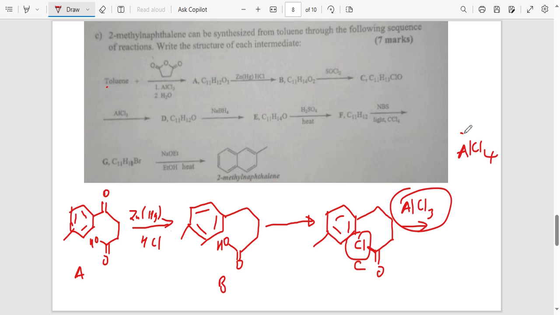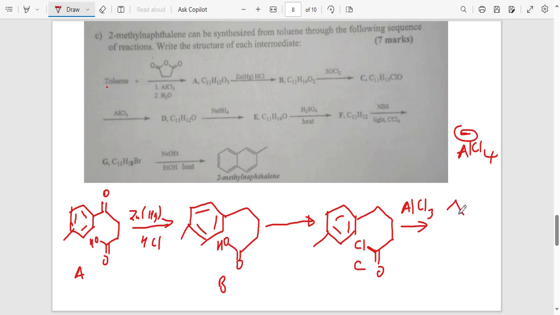AlCl4 minus. So the end that we remain with is negatively charged, and with that negative charge, it is not stable. So that end which remains negatively charged will act as a nucleophile attacking the other end of this compound, and that will form a complete ring.